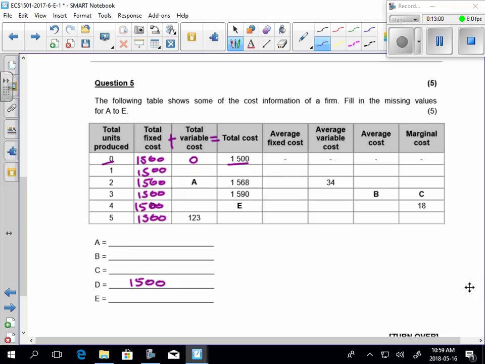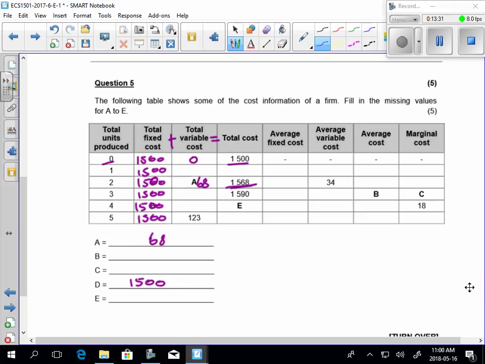Now, you can work backwards because they gave you your total cost as 1,568 for 2 units, and you know that your fixed cost is 1,500. So 1,568 minus 1,500 gives you 68 as your variable cost. Right.